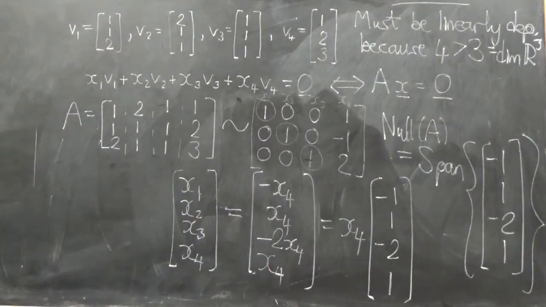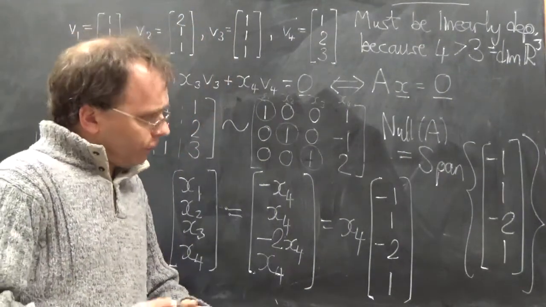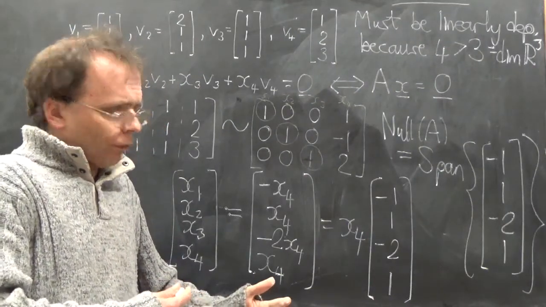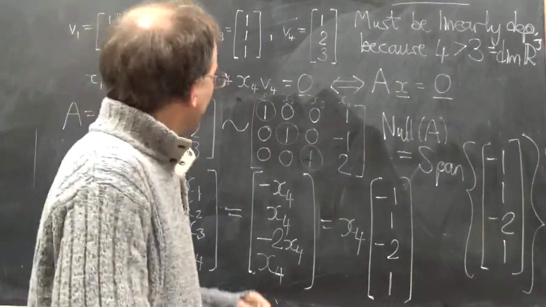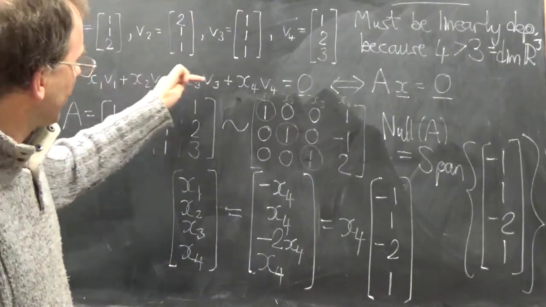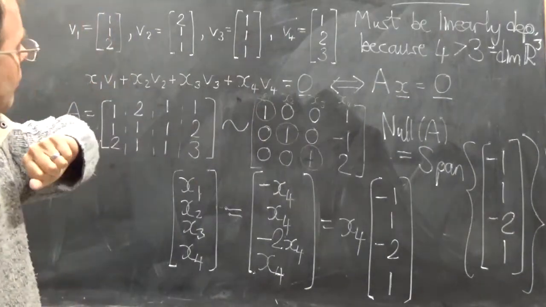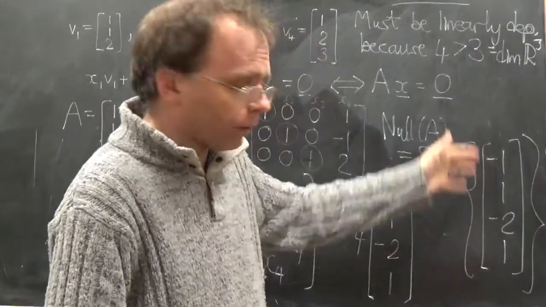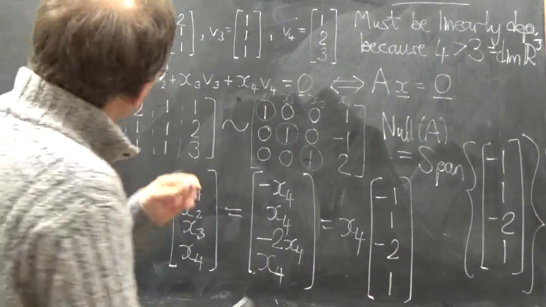Now, so far so good. I think where some people fell down here was on the interpretation of what this means for linear dependence relations. The original question was to find all possible x1, x2, x3 and x4 that we can put in here to make a linear dependence relation. And what we found is that up to a scalar multiple, all these linear dependence relations are multiples of this one.